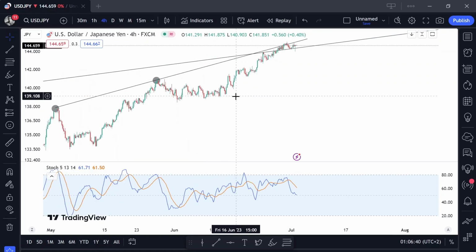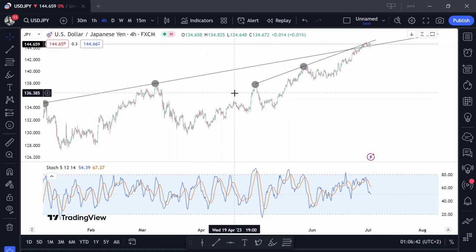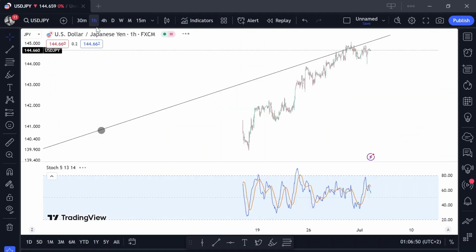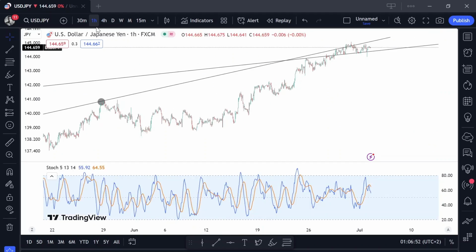But for me personally, I'm a day trader, and I also do swing trading, so I want to show you something. Then after you do this, make sure that you go to your H1 like I told you. As you can see here, the stochastic is also showing us a sell.